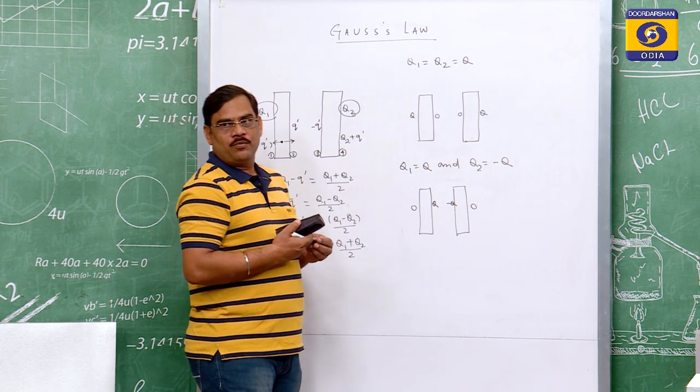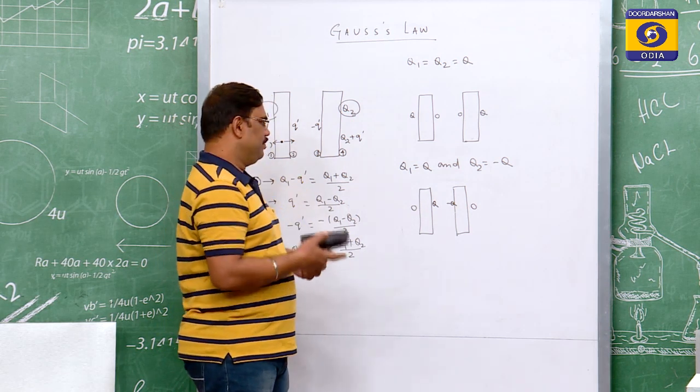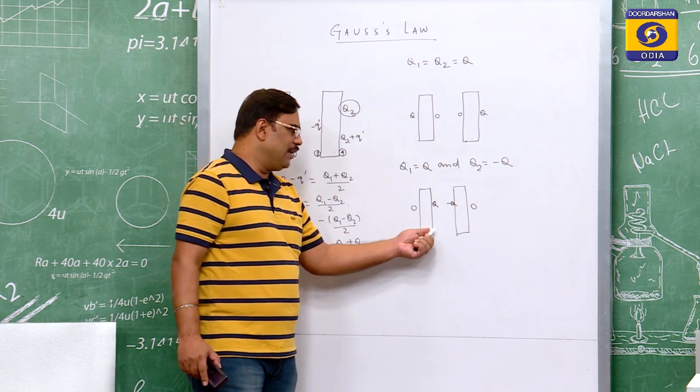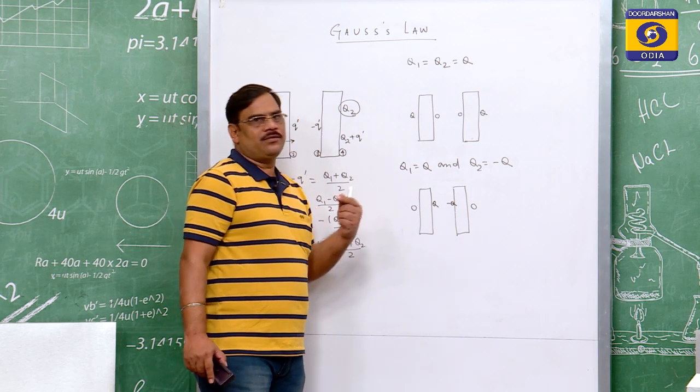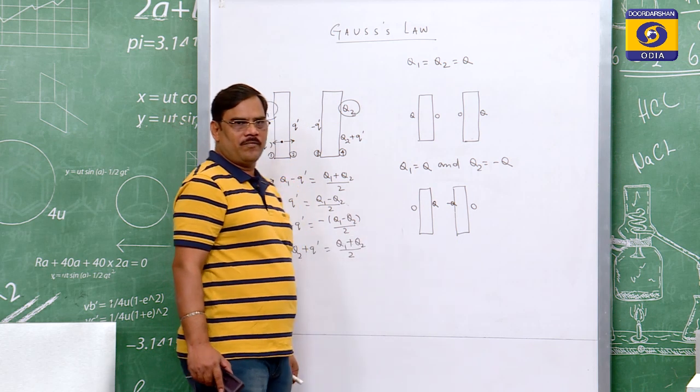So, if equal and opposite charges are given to two plates, then all the charges will come to the inner faces, and the outer faces will have 0 charge.